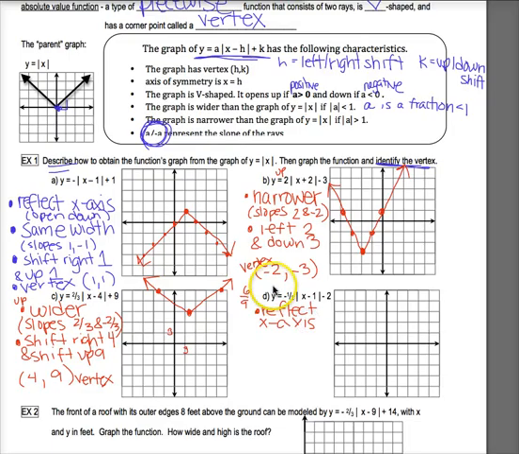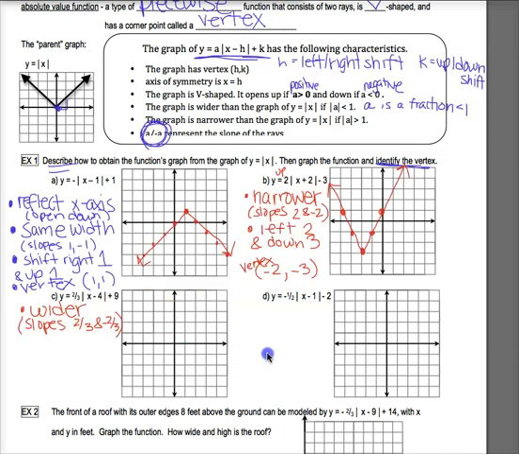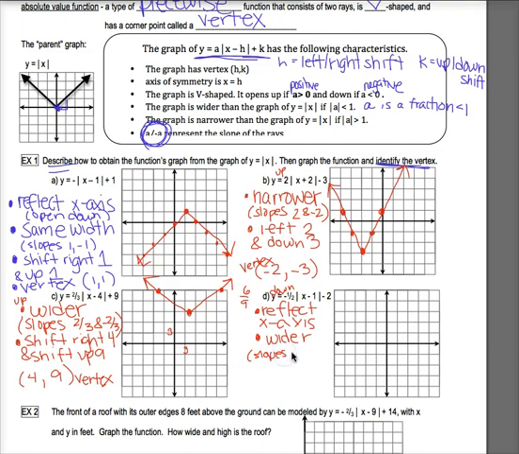So this one's going to open down. Because the value of this is a fraction less than 1, that means this one is going to be wider. The slopes of my rays are going to be -1/2 because that's A, and its opposite, which is +1/2.